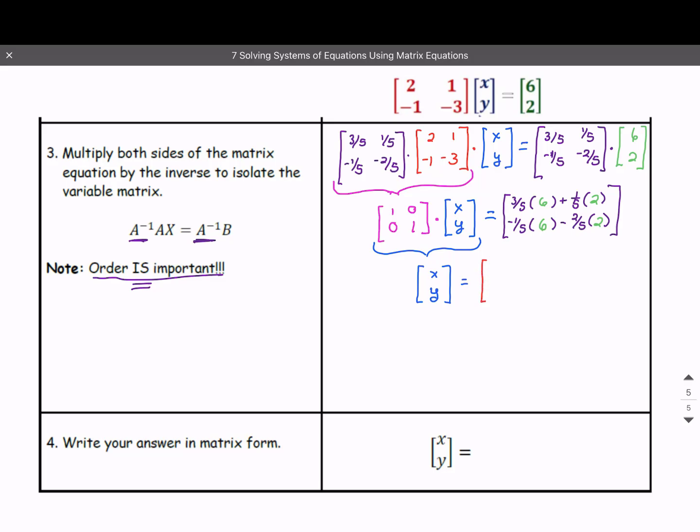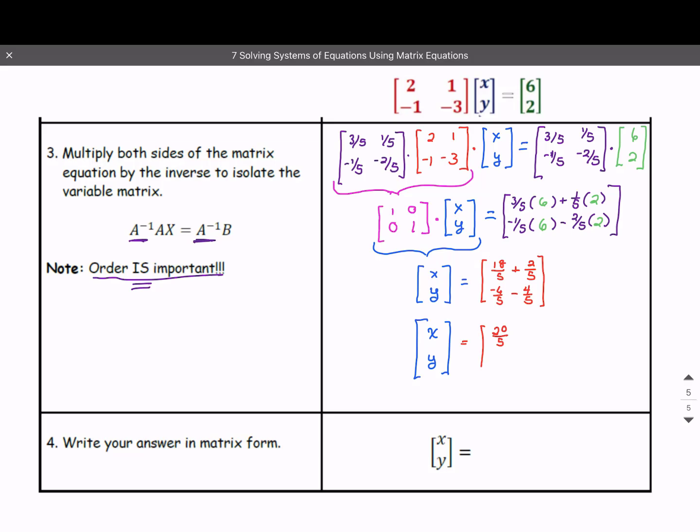So we're going to have 3/5 times 6, that's 18/5, plus 2/5, and then we're going to have negative 6/5 minus 4/5. Now 18 plus 2 is 20 over 5. Oh, I forgot to bring down my variable matrix.